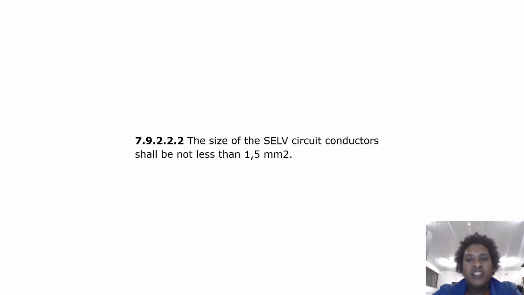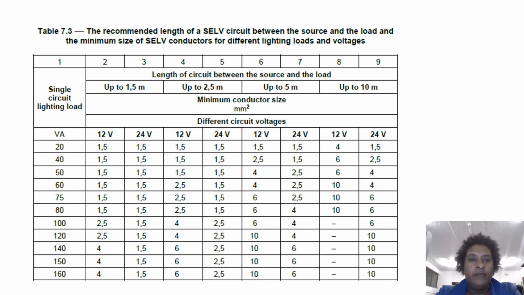The size of the SELV circuit conductors shall not be less than 1.5 square millimeters. Here's table 7.3, and if we look at the loads on the left-hand side, from 20 up until 60, there's the different voltages with the sizes of conductors to be used.